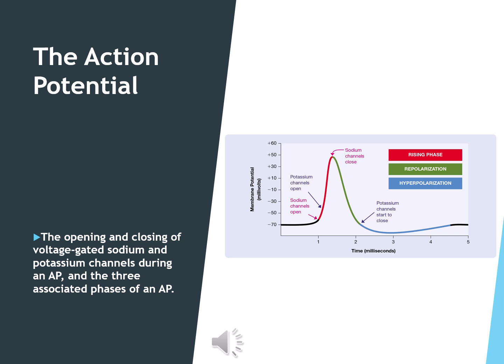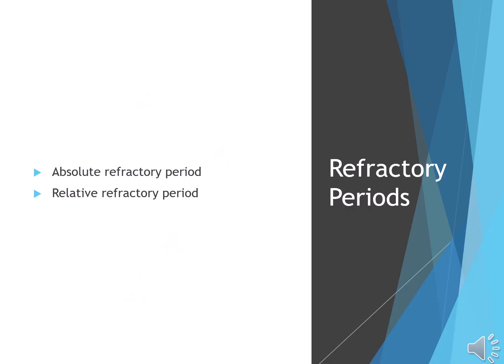It very slowly goes downward, still reaching around a -86 at 3 milliseconds, and then slowly starts to climb up, reaching a -70 at around 4.5 milliseconds. And then this phase is called the hyperpolarization. And then the last one is the 4.5 to 5 milliseconds, and then the line is flat at -70 millivolts after that.